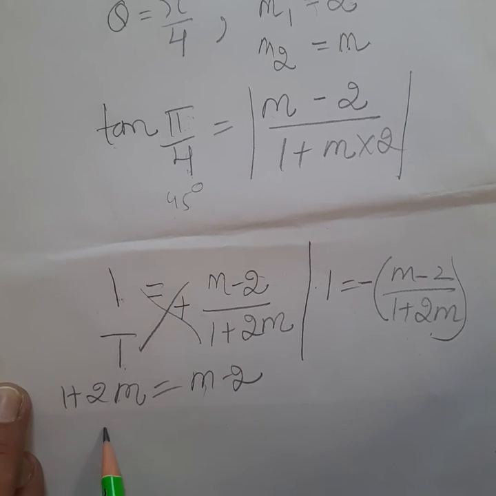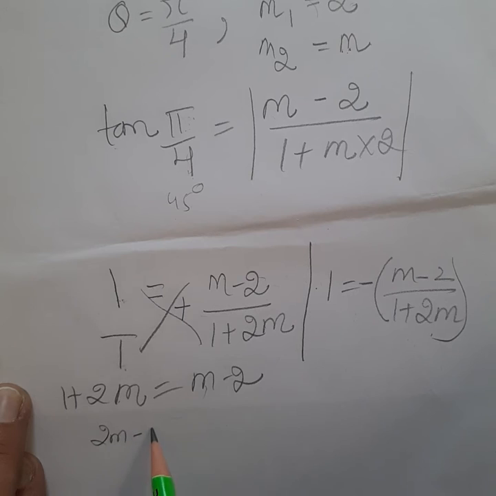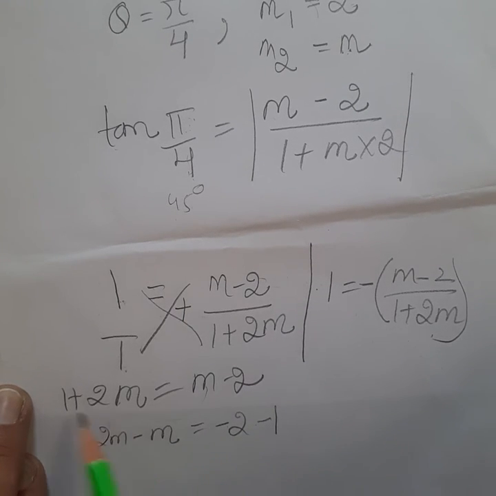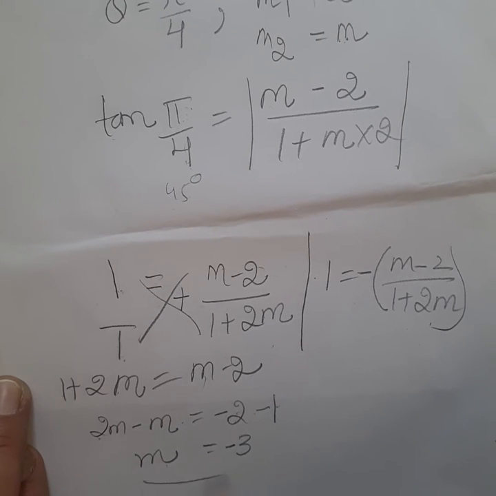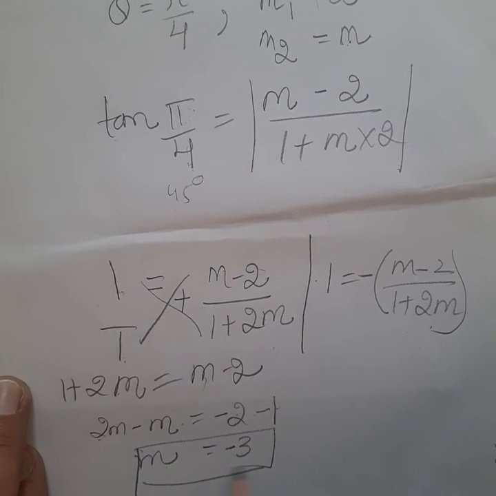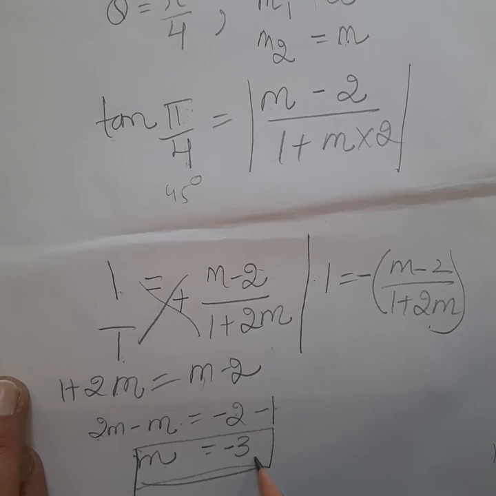Then take m on the left hand side and you get 2m minus m, and take 1 to the right hand side, so you get minus 2 minus 1. In this way 2m minus m is m, and minus 2 minus 1 is minus 3, so you get the slope m equal to minus 3.